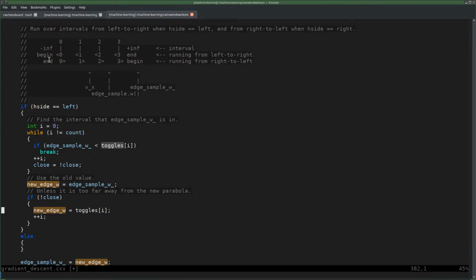So if we are here, well, this is invalid, so we go there, then we use this value. And if we are here and this is valid, then we just use this. And if it is invalid, then we go to the next one and we use this one, and so on.